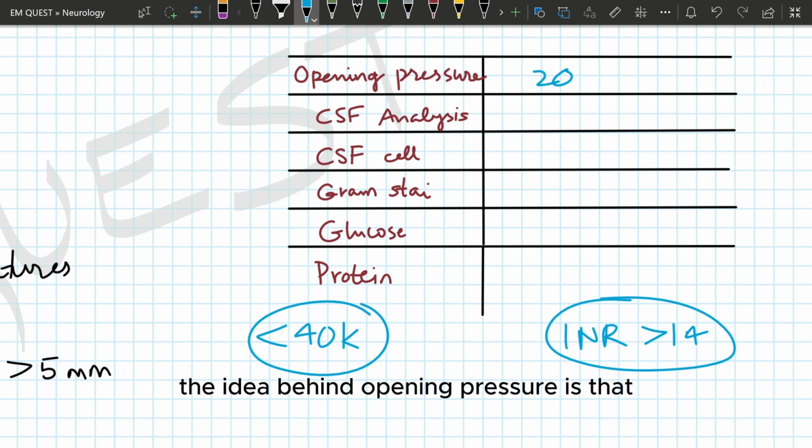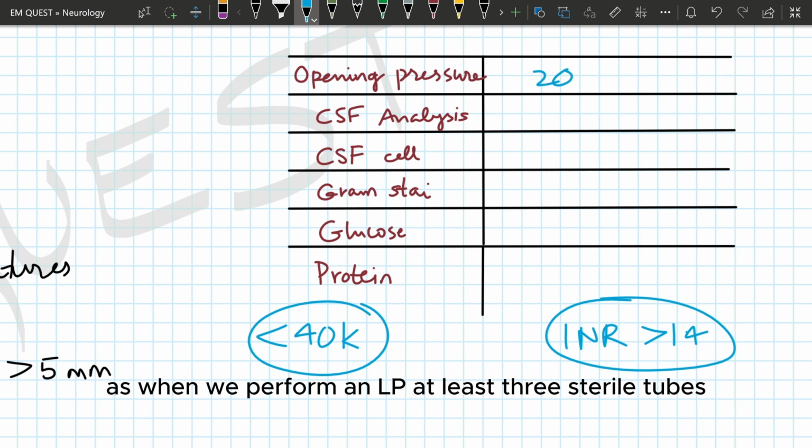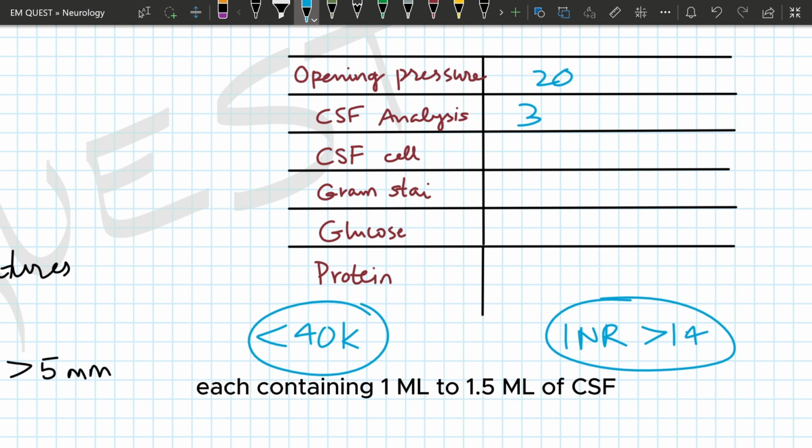The idea behind opening pressure is that it is often elevated in meningitic infection, but we don't have enough data to comment on the sensitivity or specificity of this. When we perform an LP, at least 3 sterile tubes, each containing 1 ml to 1.5 ml of CSF should be obtained. You can keep a 4th tube also ready in case of any additional studies later on.